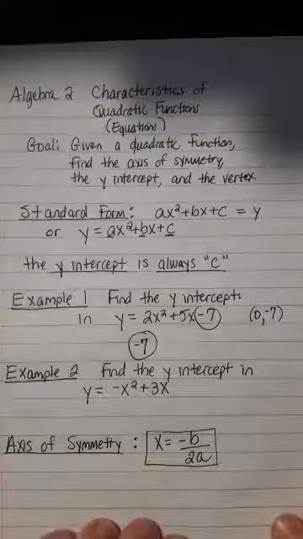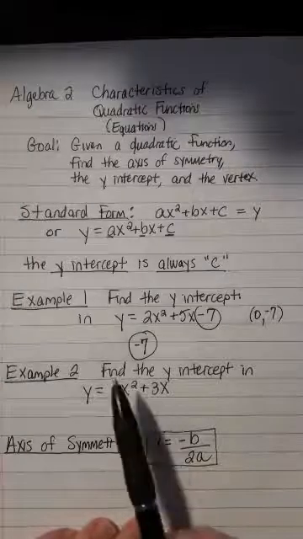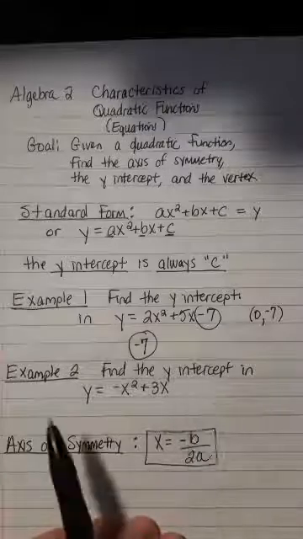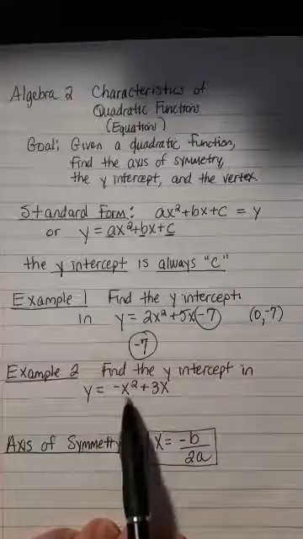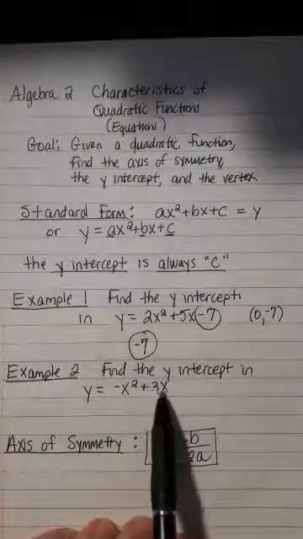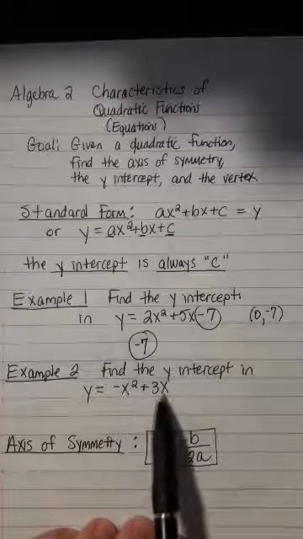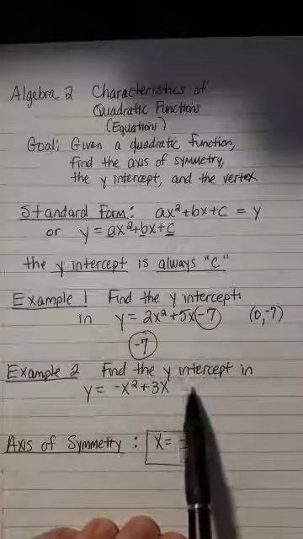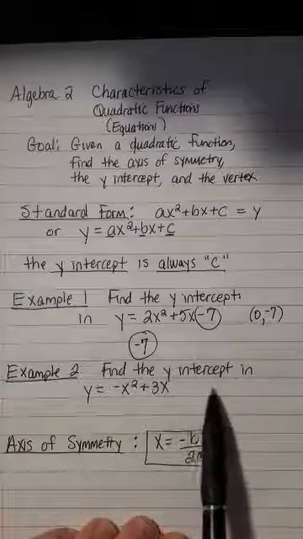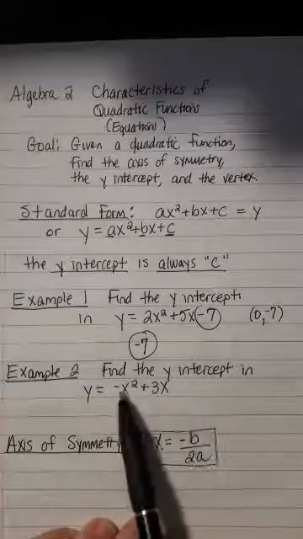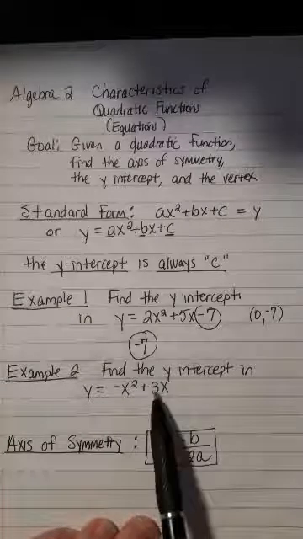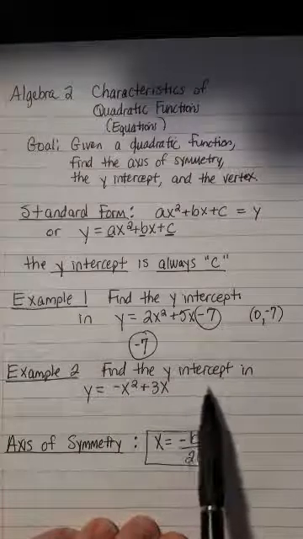All right, so here's example 2. Find the y-intercept in y equals -x squared plus 3x. Now here we have the x squared and the x, but we don't have a constant at the end. So we don't have a c. This is a, and this is b, but there is no c.